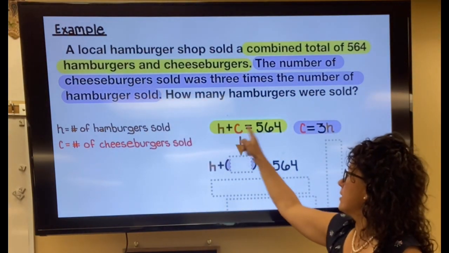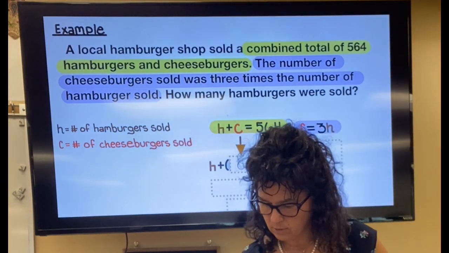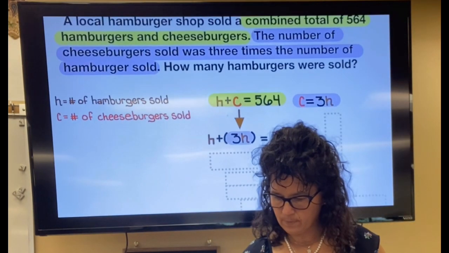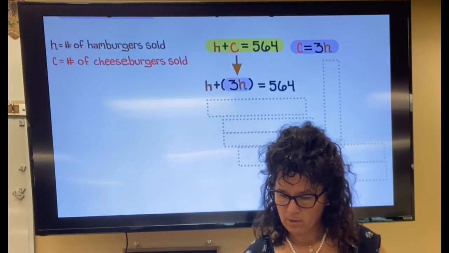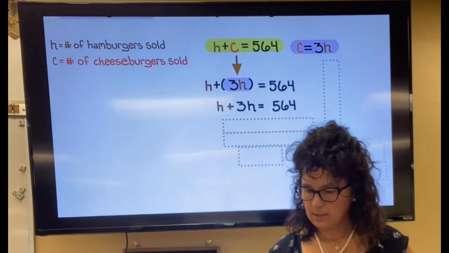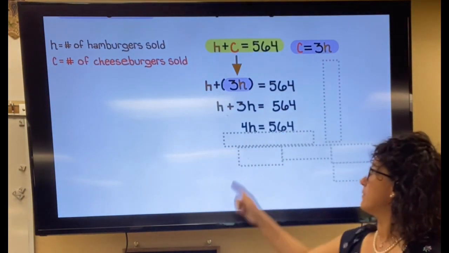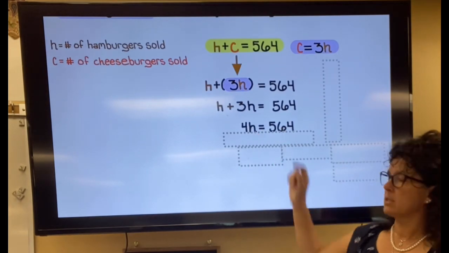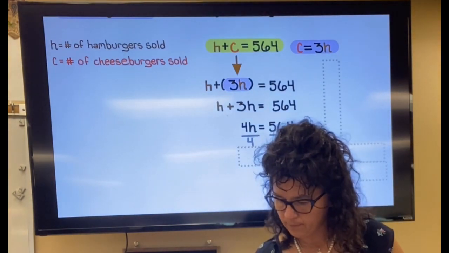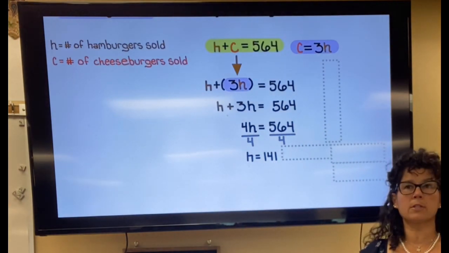Again, everything's the same, just turn that C into a 3H. Then H plus 3 H's is going to be 4H. Divide both sides by 4, and I end up with 141 hamburgers.